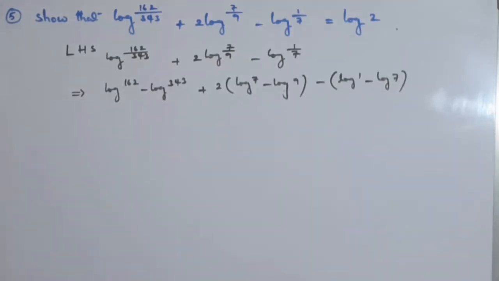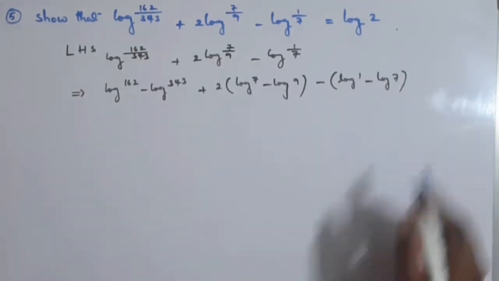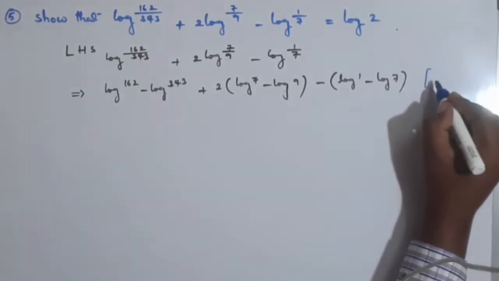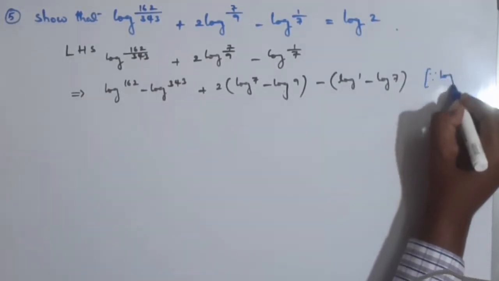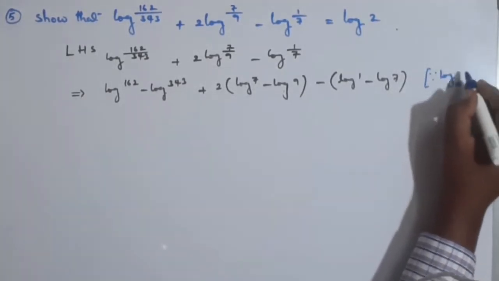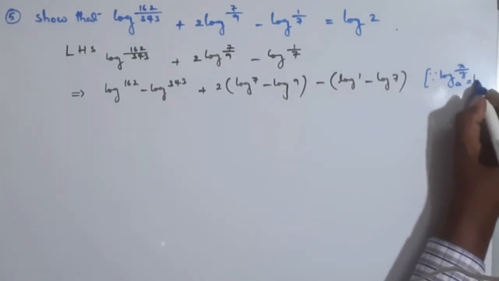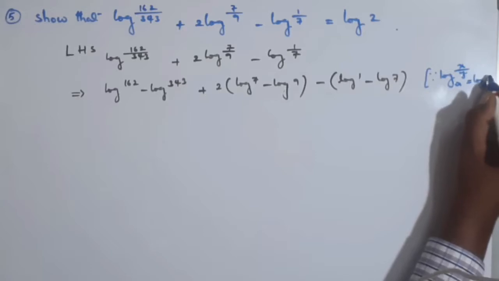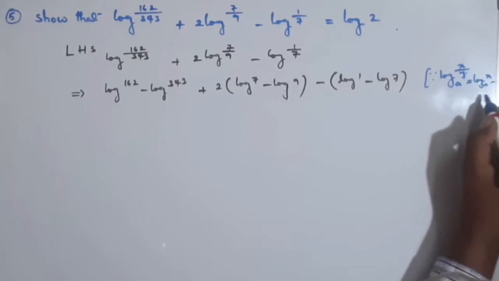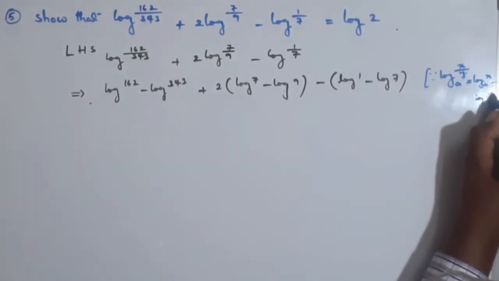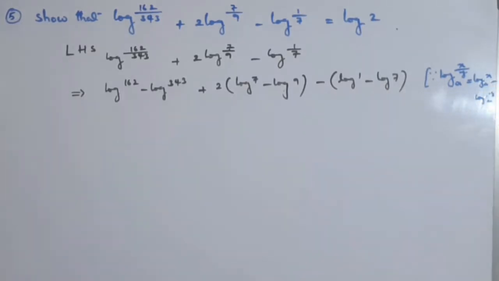These are all by the formula: log base a to x by y can be written as log base a to x minus log base a to y.